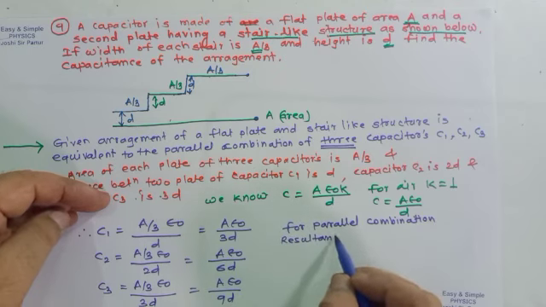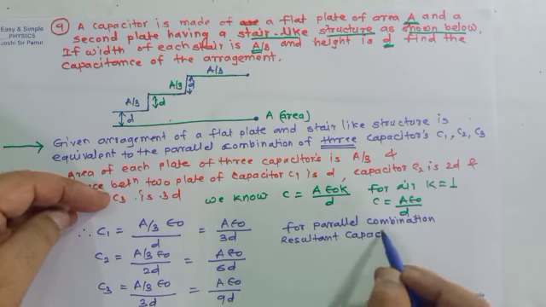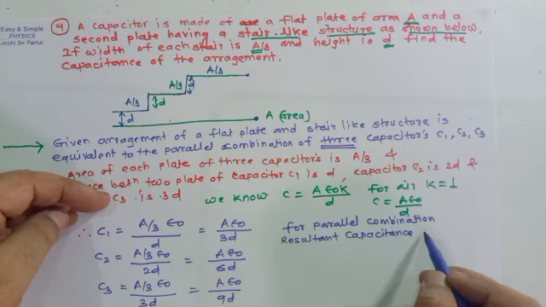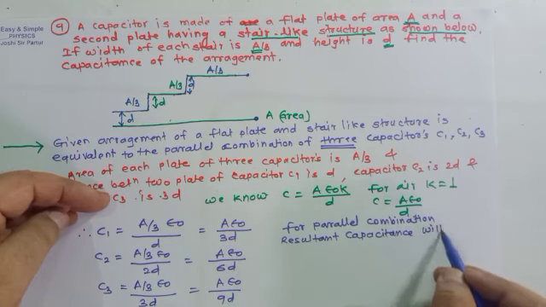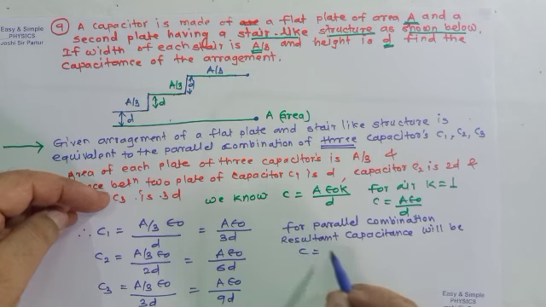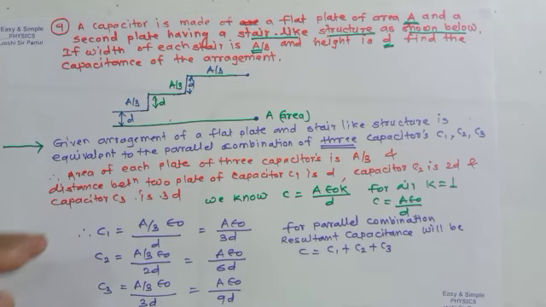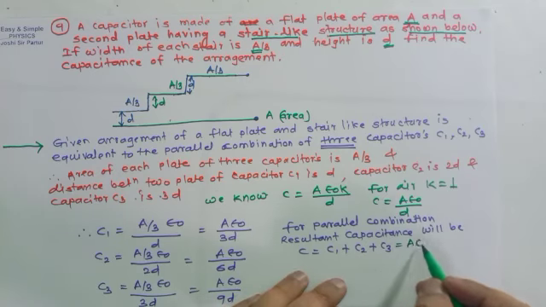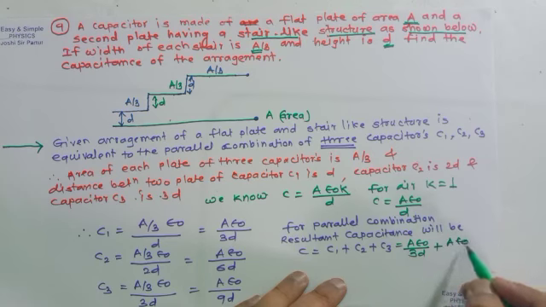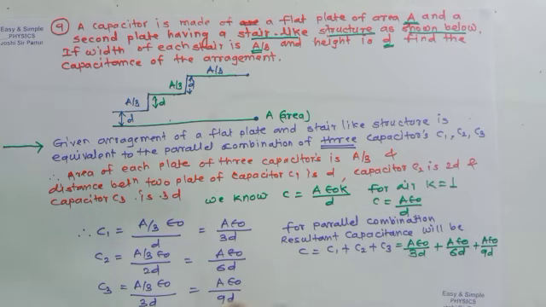For parallel combination, resultant capacitance will be C equal to C1 plus C2 plus C3, which is equal to A epsilon 0 upon 3D plus A epsilon 0 upon 6D plus A epsilon 0 upon 9D.